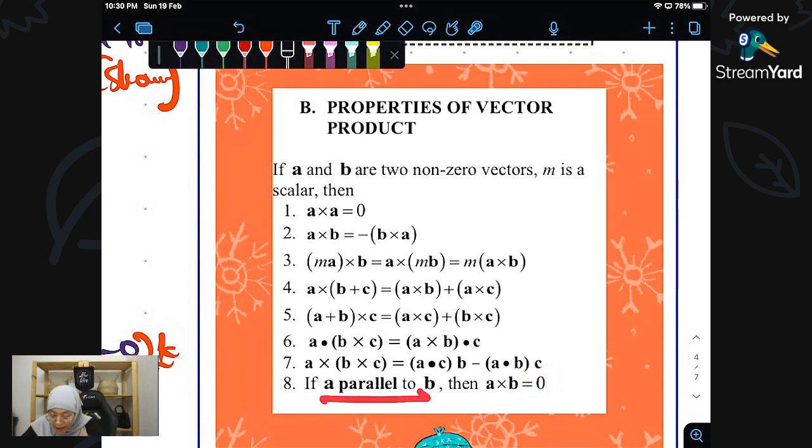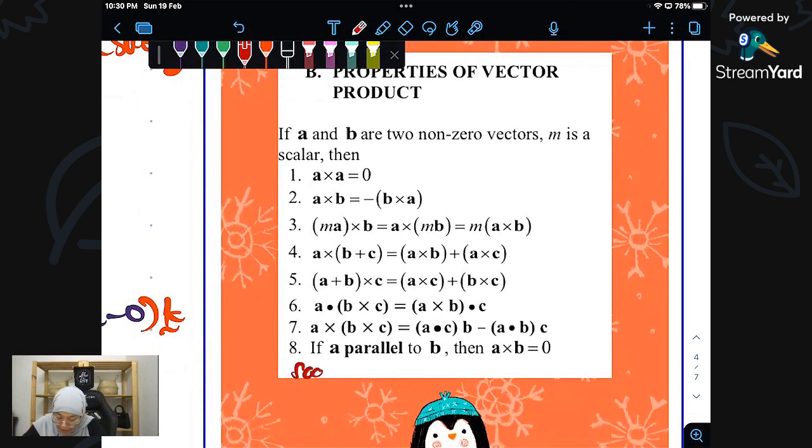A is parallel to the B vector. Okay, yang ini yang dibanyaklah student sangat confused dengan yang perpendicular punya. Just to recall balik, kalau scalar product, when A is perpendicular to the B vector, it means that A dot product to the B vector is equal to 0.